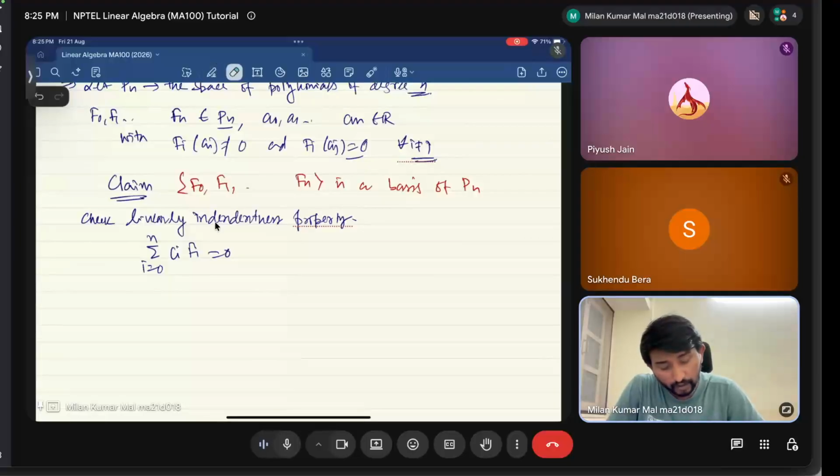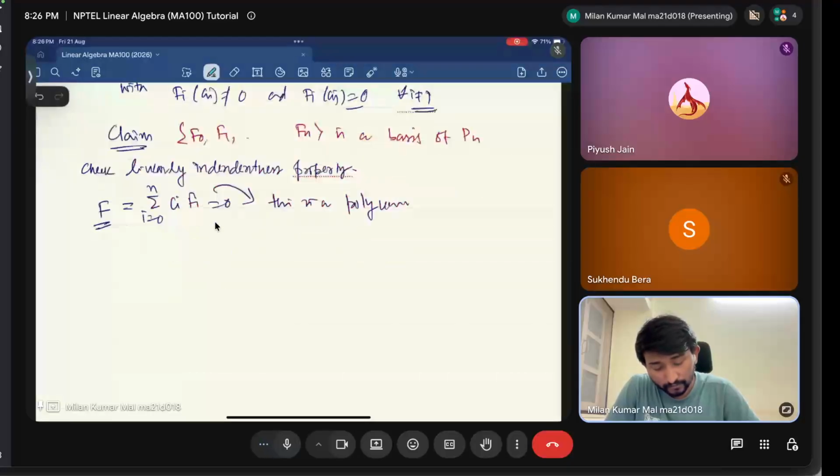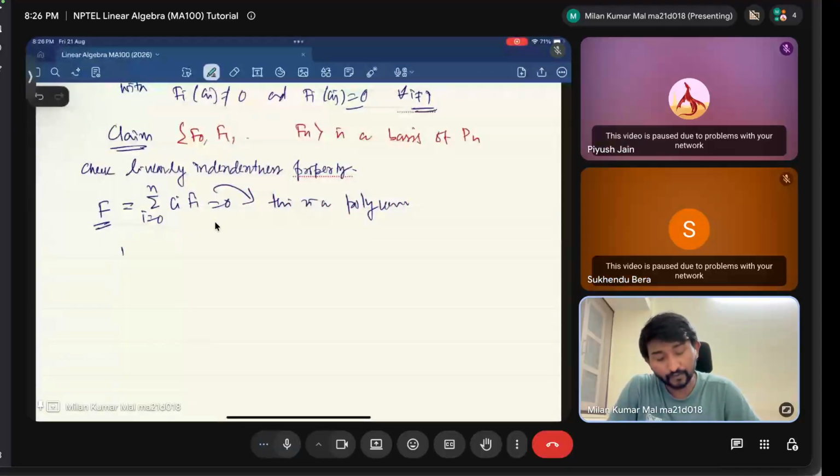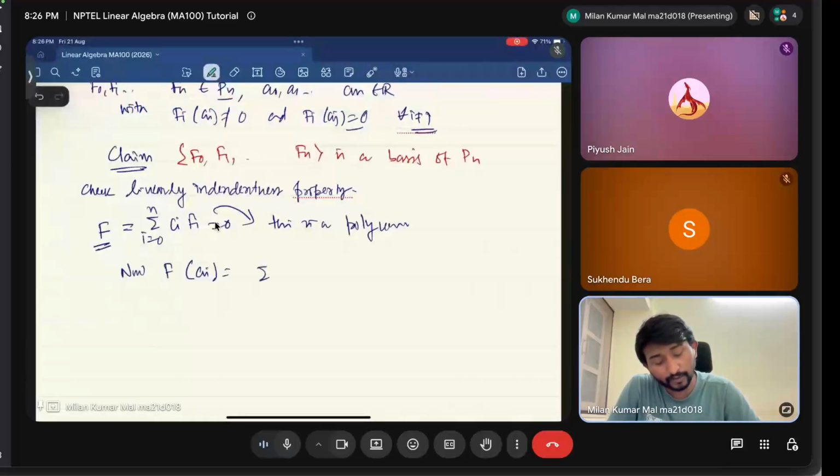Now this is a polynomial; call it capital F. If we evaluate F at aj, what will happen? F(aj) is the sum of ci fi(aj), where i runs from 0 to n.